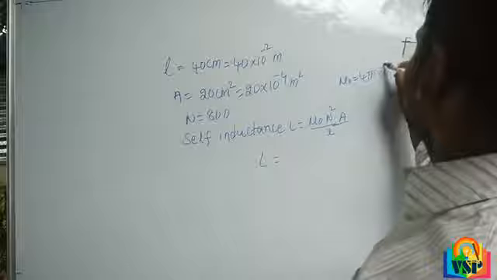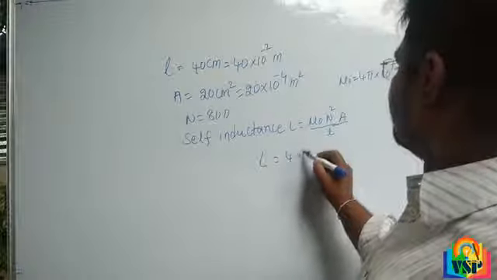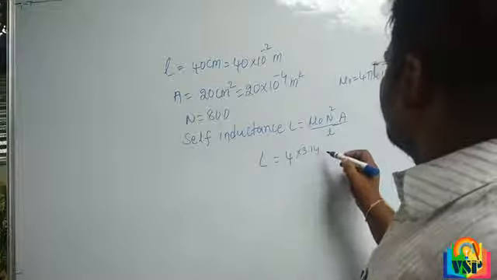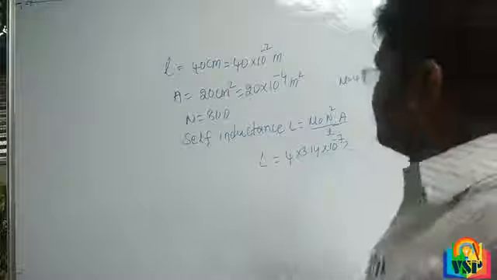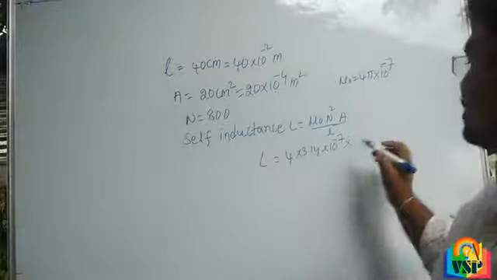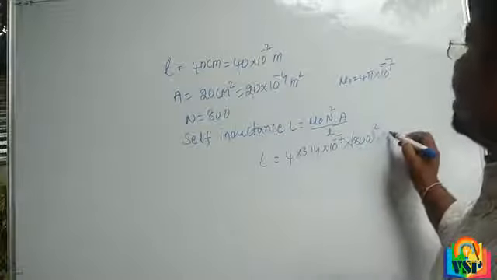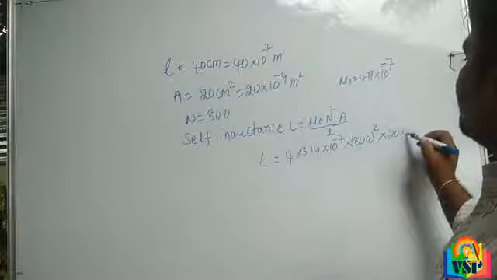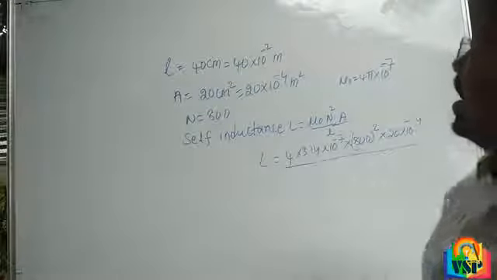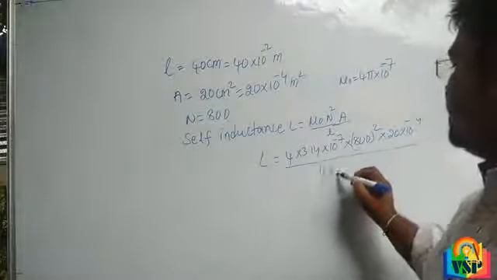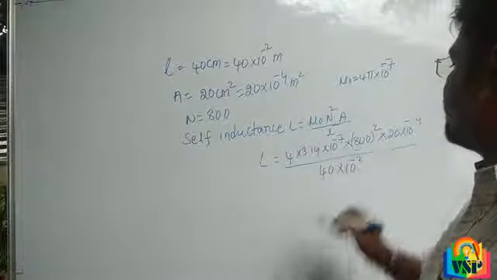It is a constant. 4 into 3.14 into 10 power minus 7 into number of turns 800 square into area 20 into 10 power minus 4 divided by length 40 into 10 power minus 2.